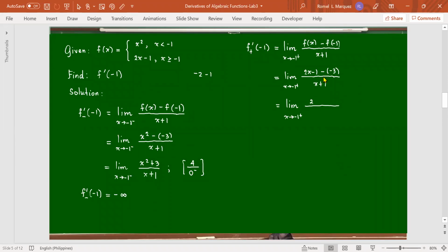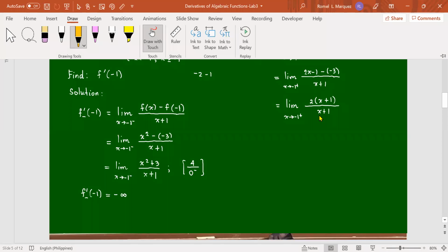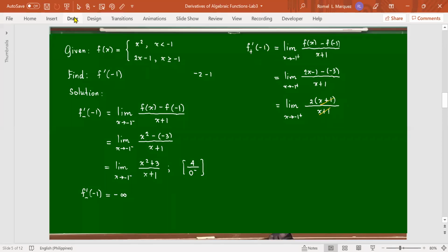This is 2x plus 2, factoring out, 2 times x plus 1, all over x plus 1. So this is canceled out. So what's now the limit? Equals 2. So that's the value of the derivative of f at x equals negative 1 from the right.